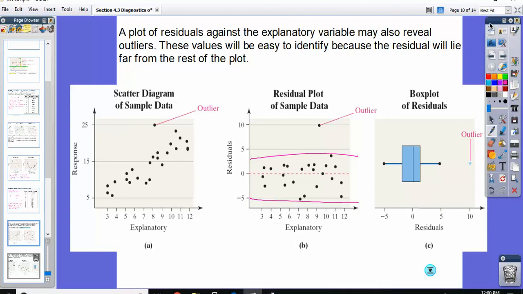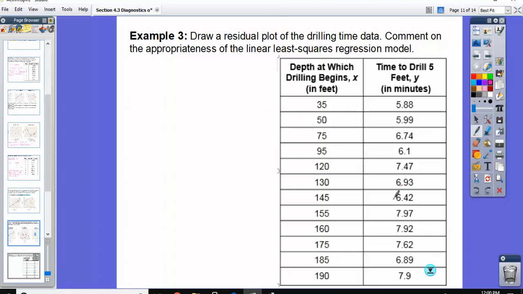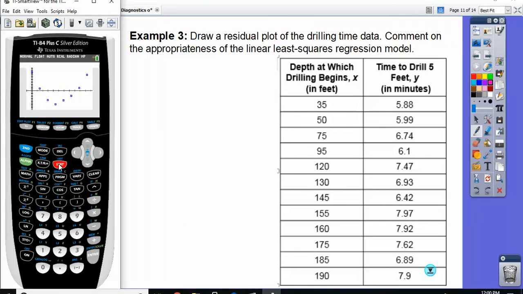So let's look at another example. This is the drilling example that we've used a few times now. I want to draw the residual plot and decide if the regression line is a good fit or not. So you have to go to your calculator and first of all enter everything in L1 and L2.